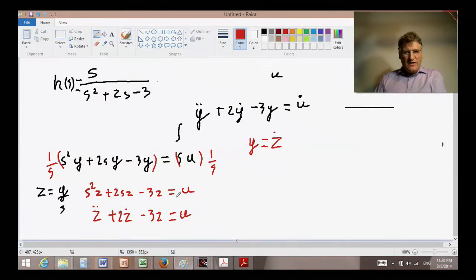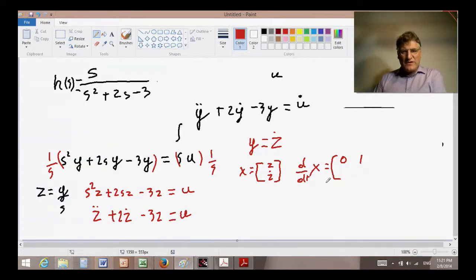As a state space representation for this, choosing x is equal to [z; z dot], we can write that d dt of x will be equal to [0, 1; 3, minus 2].